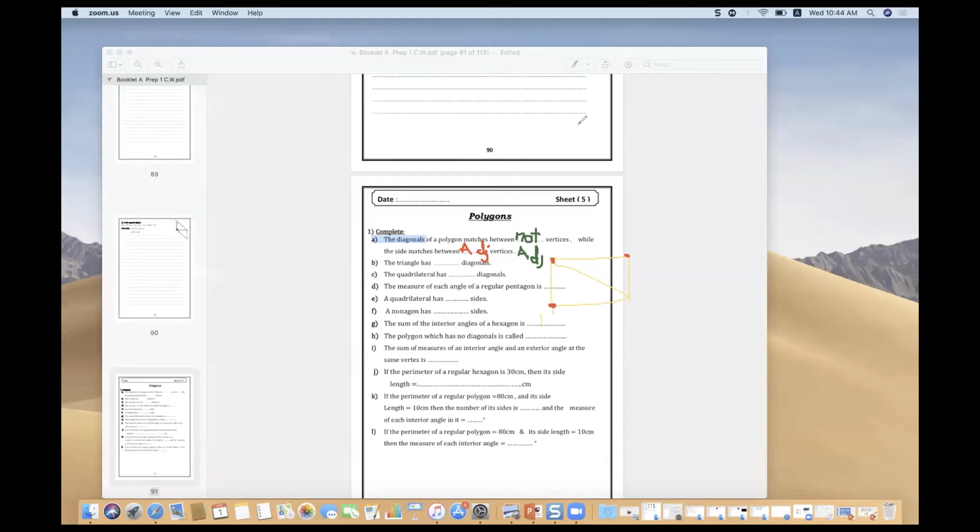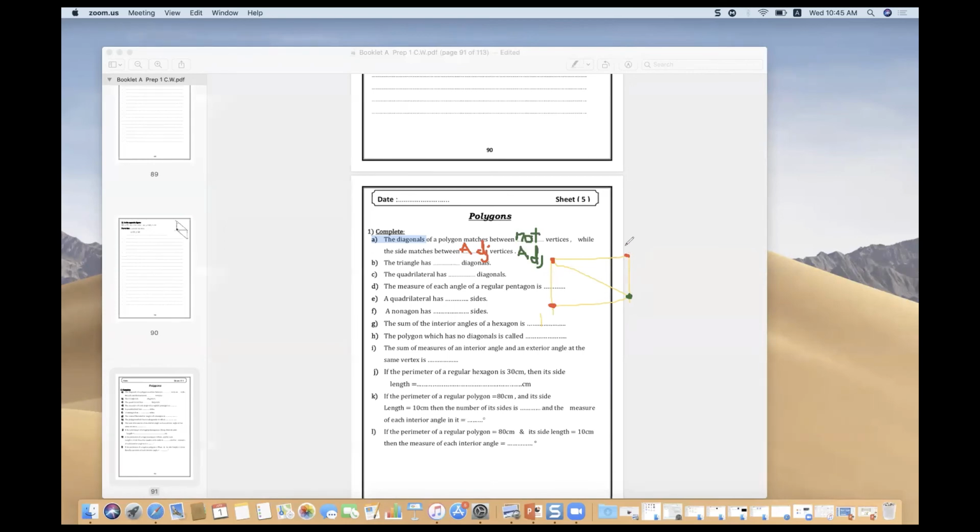Yes, adjacent. What about the last one here? This one is not adjacent. If I join between a vertex and another vertex that is not adjacent, I will get the diagonal. Okay, I will try for another vertex.